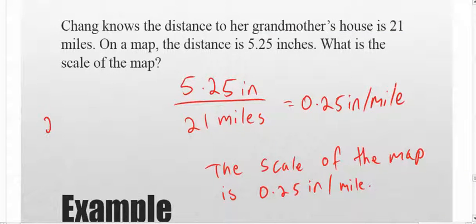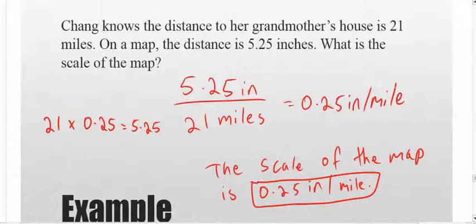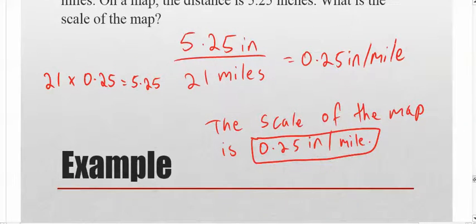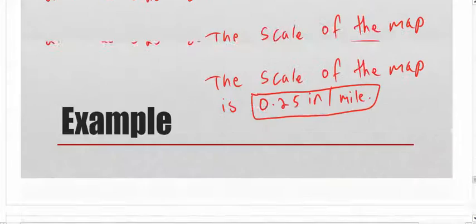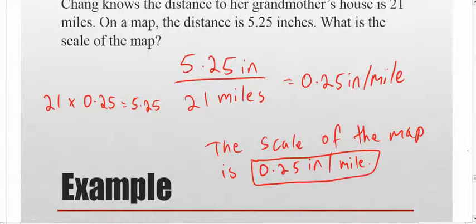Do 21 times 0.25, which equals 5.25. That's why. So then you would just box your answer, which is this. You can box it in the word answer or just normally.